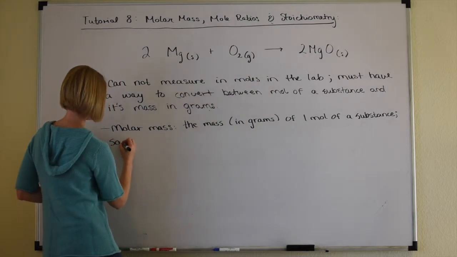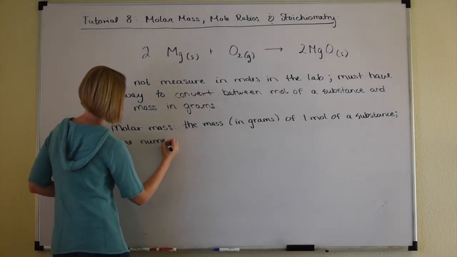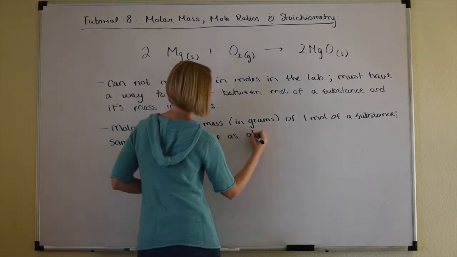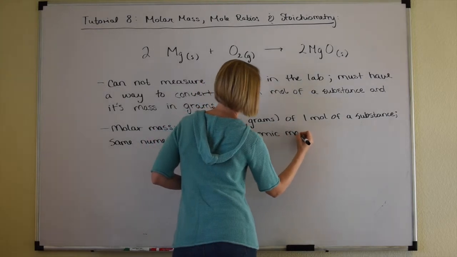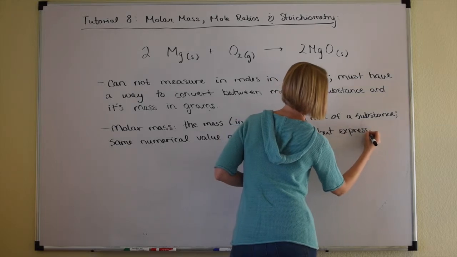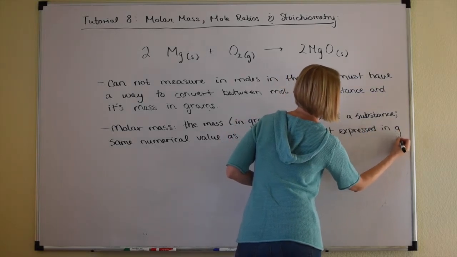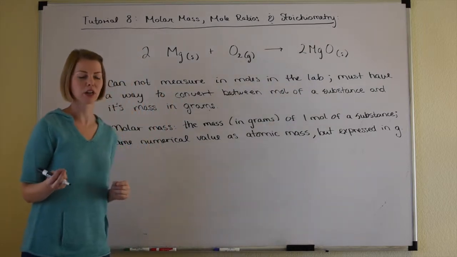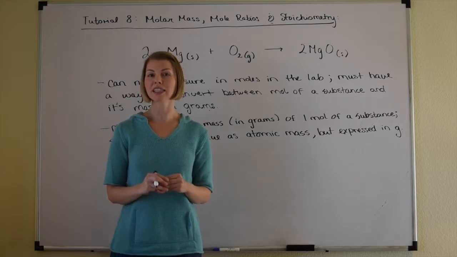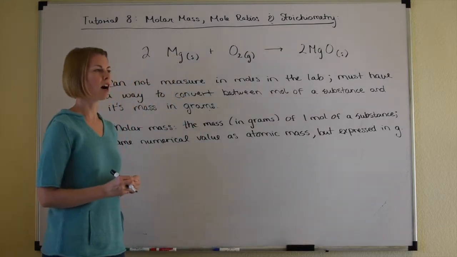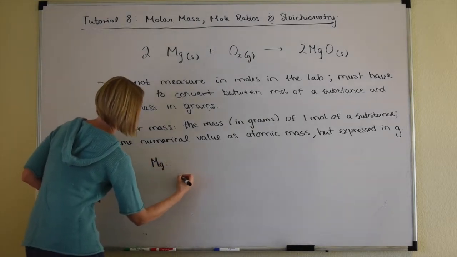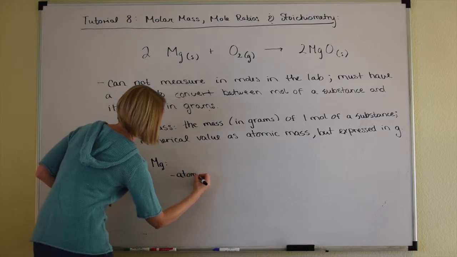It's the same numerical value as the atomic mass, but it's expressed in grams. I'll just put a G there for grams. So let's go ahead and take a minute to look up the molar mass as well as the atomic mass of magnesium. So for magnesium, let's first look up the atomic mass.